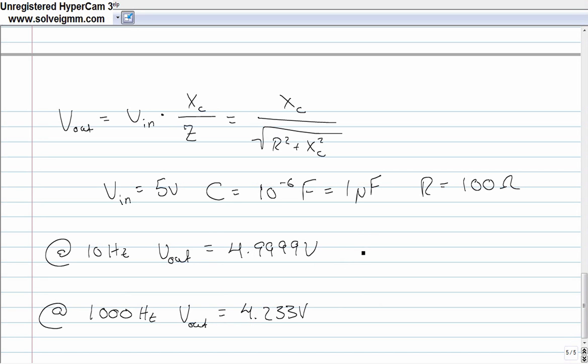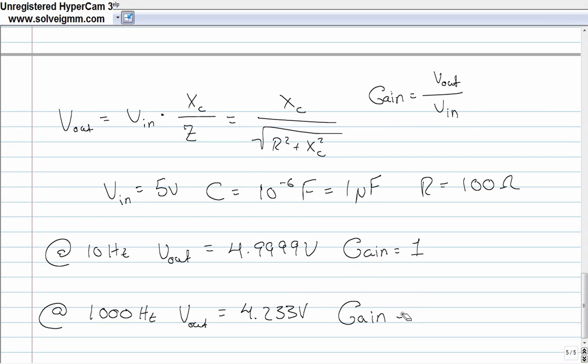But if we were to look at the gain, we all know the gain equation. Gain is Vout over Vin. So the gain for this is, well, let's just say it's 1. It's pretty darn close. The gain for this is something less than 1.